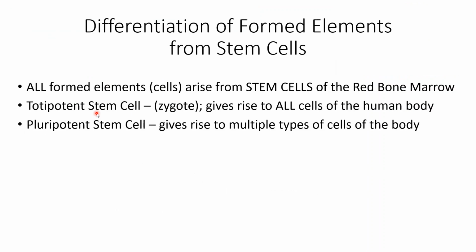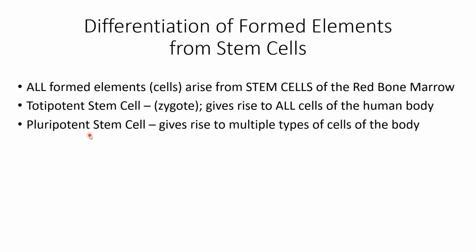As that starts to differentiate, it then becomes unable to differentiate into everything. It's going to kind of narrow down. Well, I can only differentiate into these kinds of cells, or I can only differentiate into those kinds of cells. So its ability to differentiate into any cell diminishes as those stem cells get further and further away from that zygote.